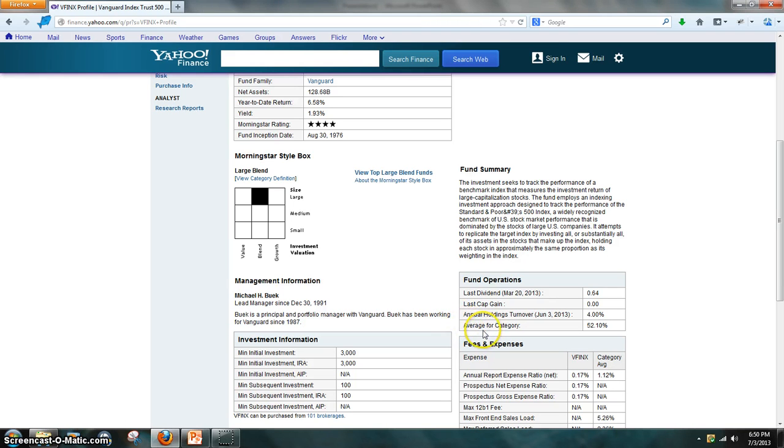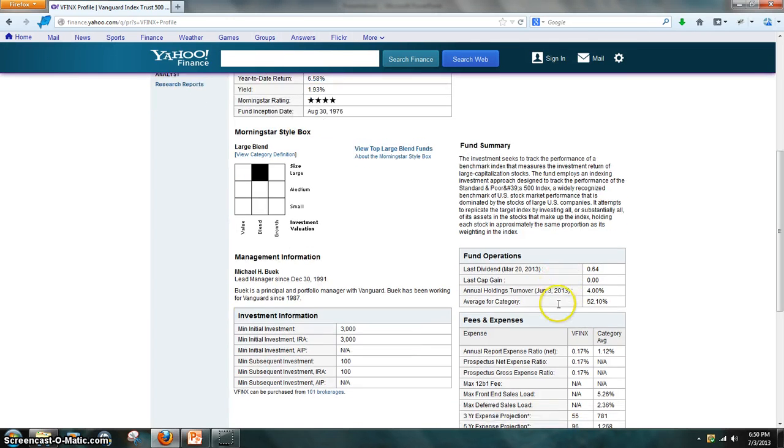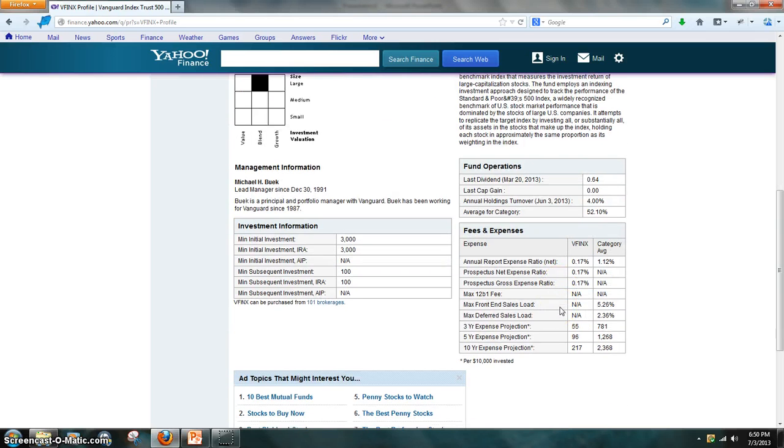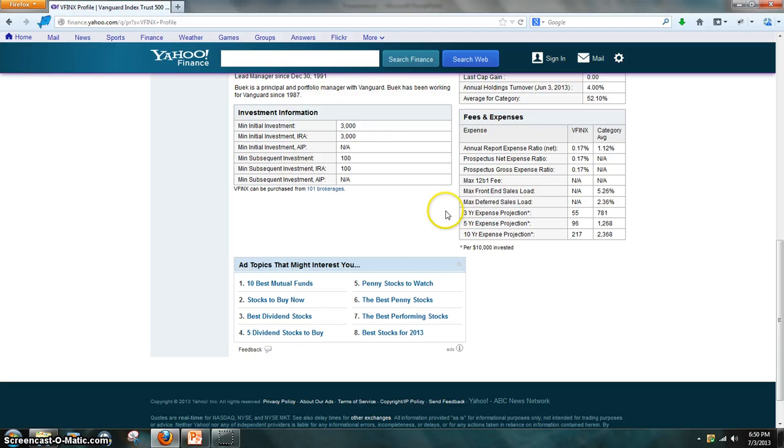The last category shows an average for the category. So what are other large cap blend funds' average for their turnover? And you can see it's 52%. So there's a huge gap there between the Vanguard 500 index fund and the average for the category.